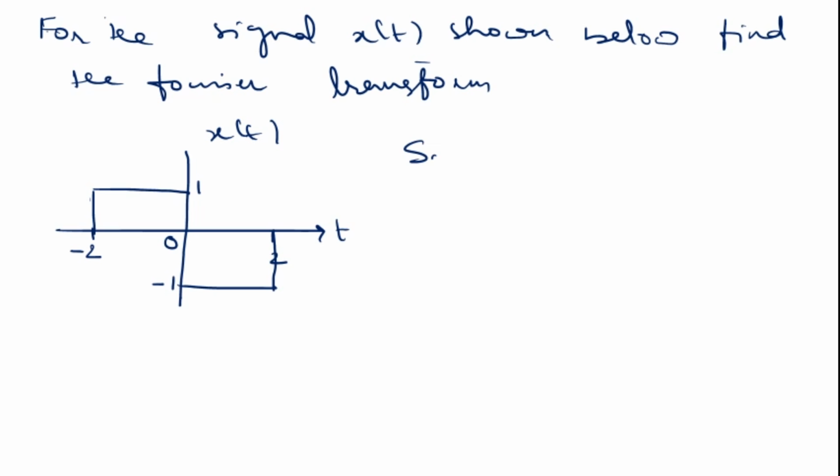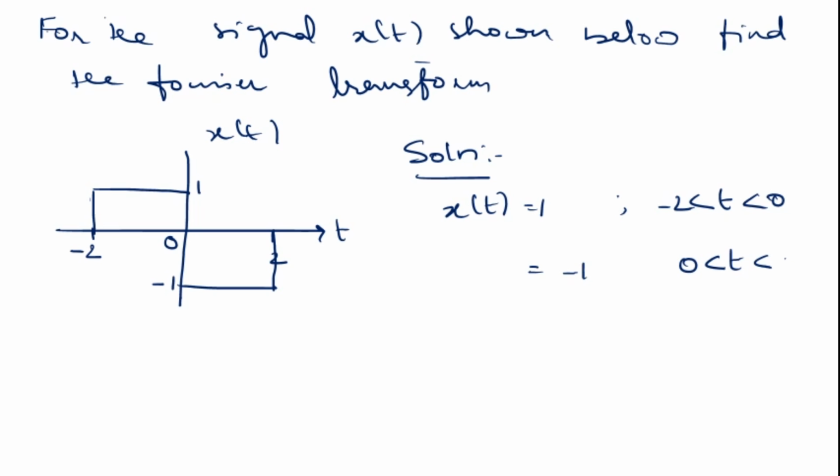So from the given figure, we can write x of t is equal to 1 when t is between minus 2 and 0, and minus 1 when 0 is less than t less than 2, and 0 otherwise.